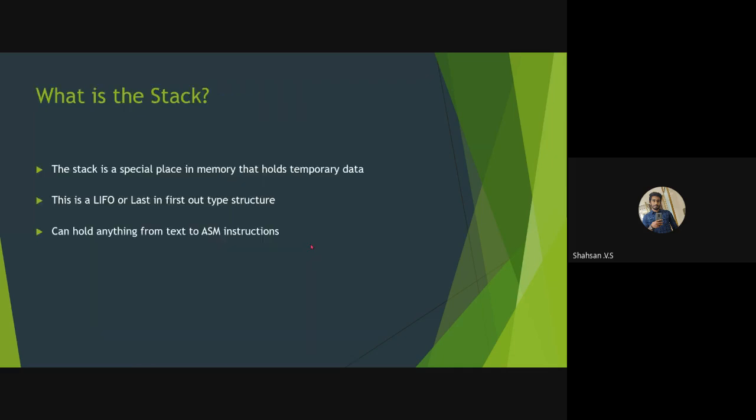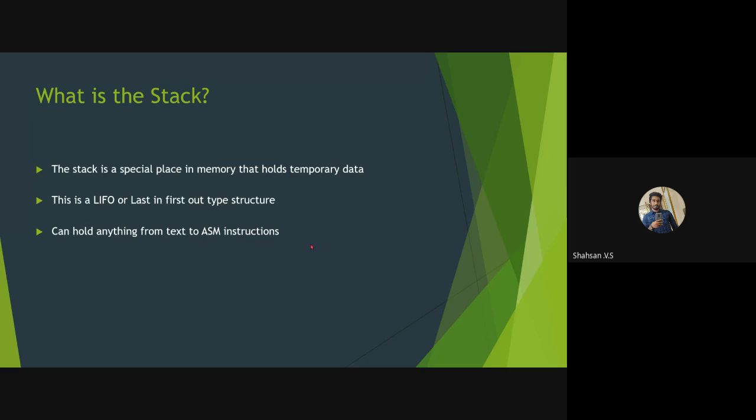So stack is a special place in memory that holds temporary data. This is a LIFO, last in first out, type structure. As I told, the plate which is kept on top will be the plate which was kept last. So we can consider the plate as data, and this plate kept on top is removed whenever it is required.